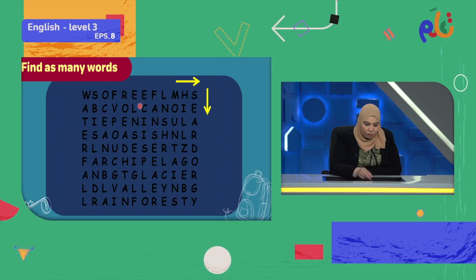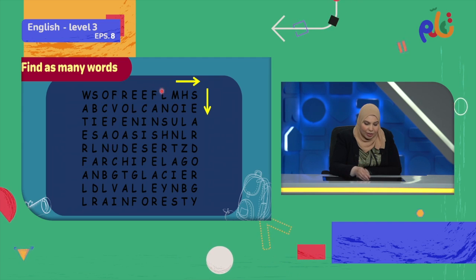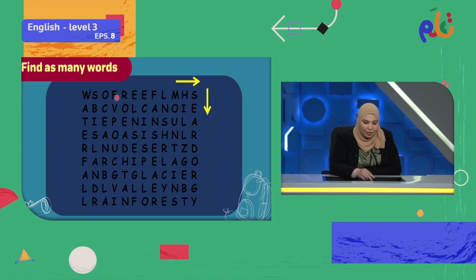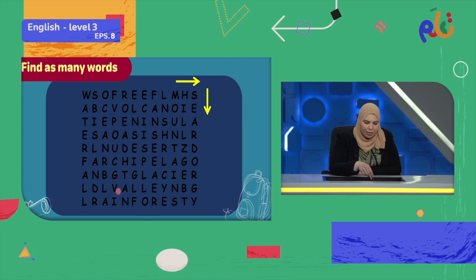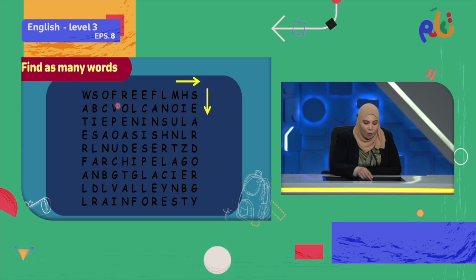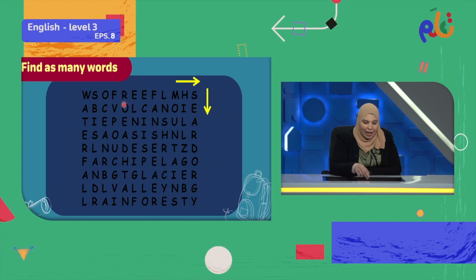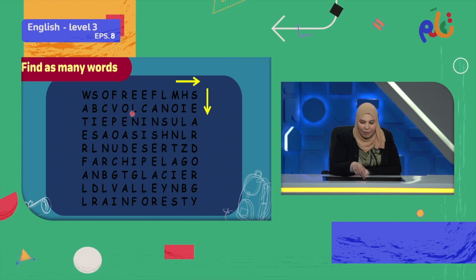Anything else? Yes, I can see another word. Can you see it? It starts with the letter V. So if we go down, nothing. But if we look here, we have volcano. Volcano. So we have volcano here.